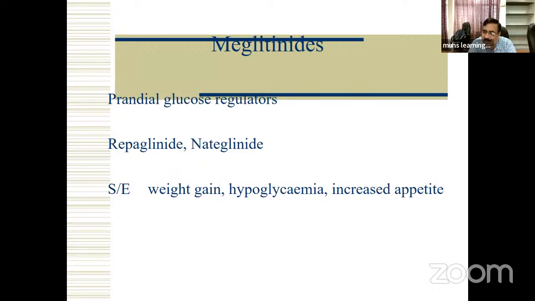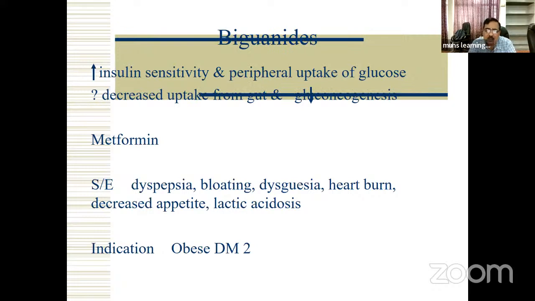But there is a specific subset of patients who have very severe postprandial hyperglycemia. These are the agents of choice. You have to give it to them in spite of increased appetite and weight gain issues. And that is why it is mostly not so favored in private practice and public practice, but they have their specific indications.